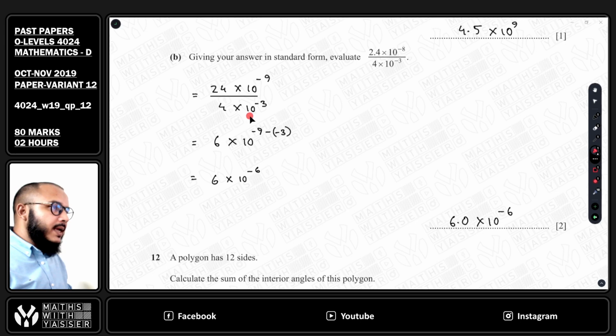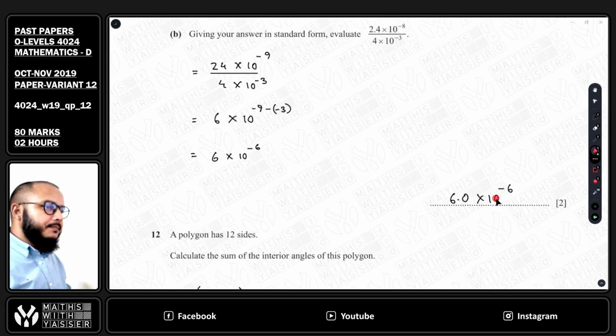The reason behind doing that is so that I can easily divide 24 by 4, and that will give me 6. Since we have 10 to the power minus 3 in the denominator, if I want to bring it to the numerator, I need to subtract it. So that will be 10 to the power minus 9 minus minus 3. The double negative will give you a positive, which means 3 minus 9 is negative 6. So in standard form, this should be 6.0 times 10 to the power negative 6.